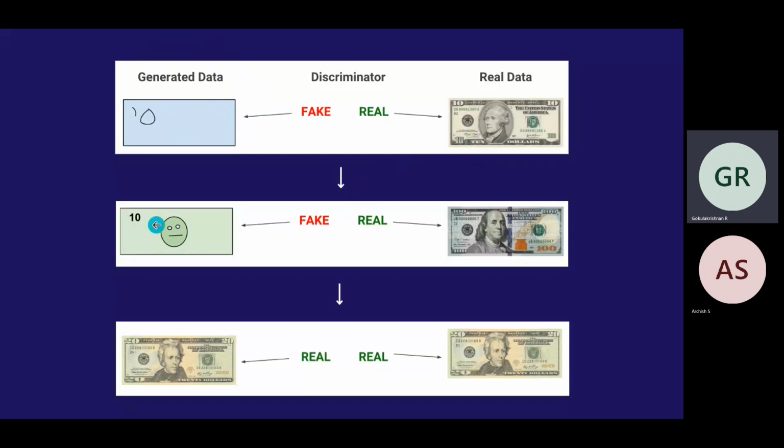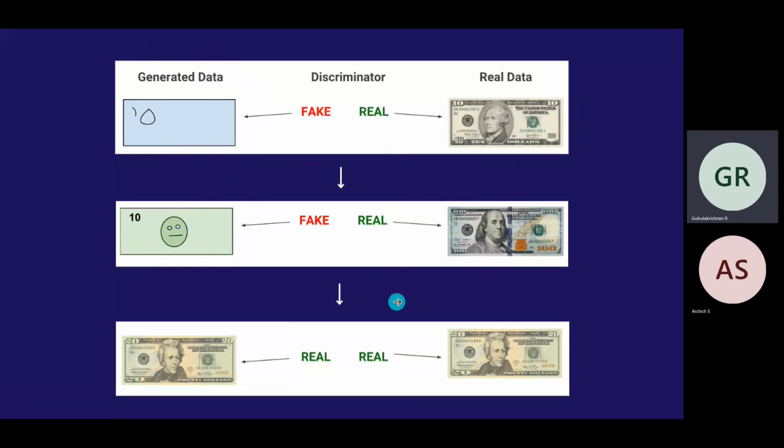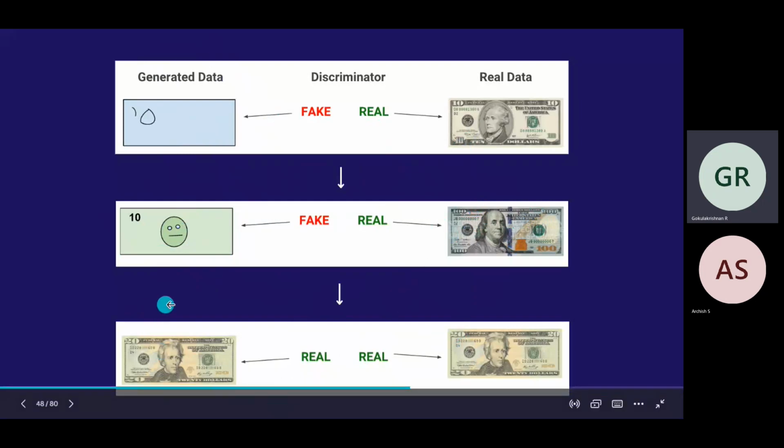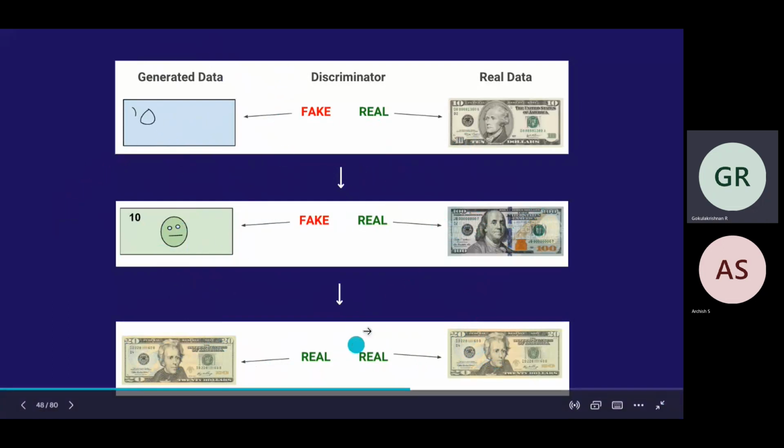After some time the generator produces a somewhat better image, but look at these two, you can't even compare them, right? So the discriminator says no, and after a lot of training, the generator creates something really close to the training data set. This is how the generator and discriminator of a GAN work.